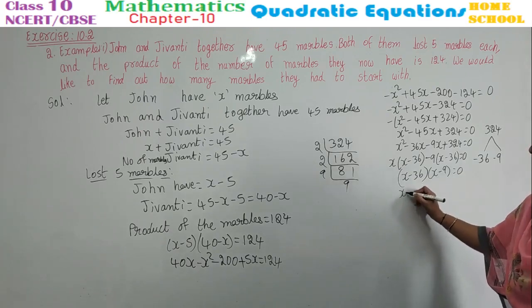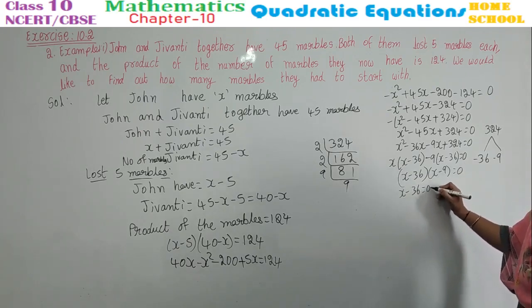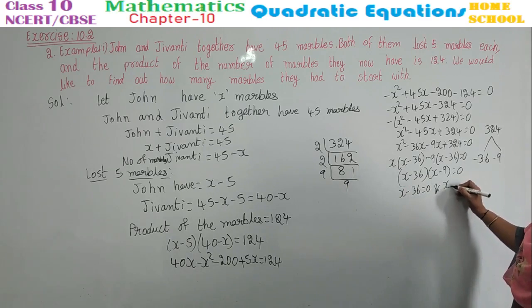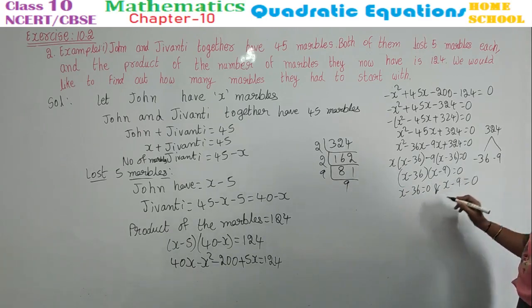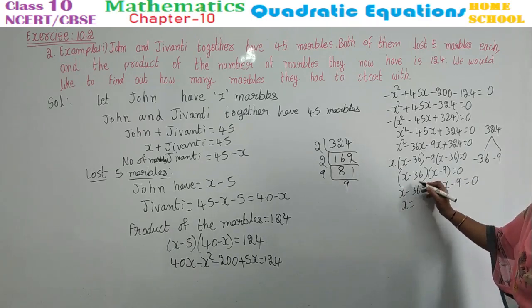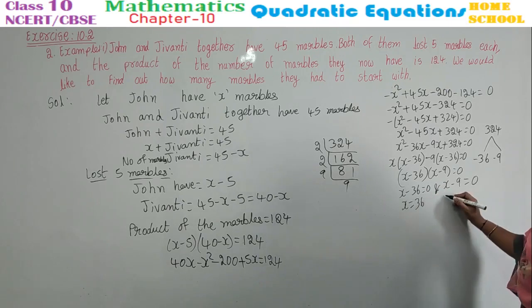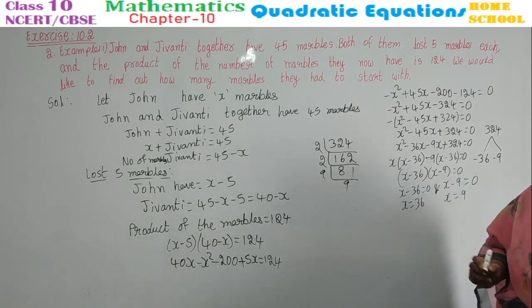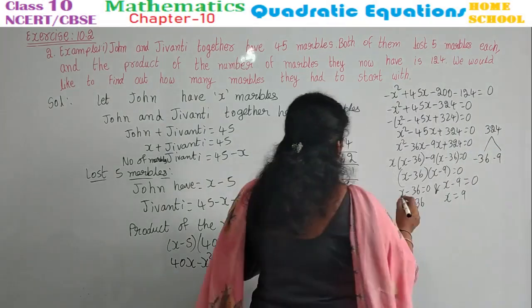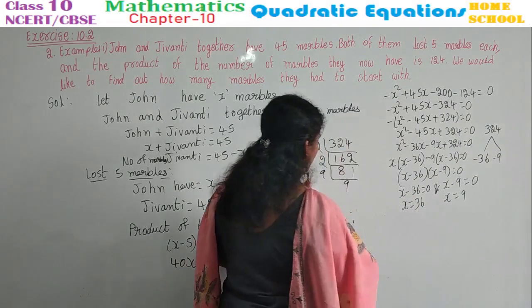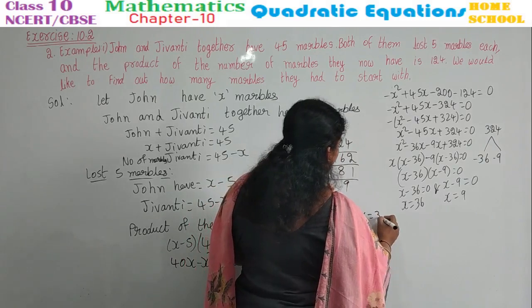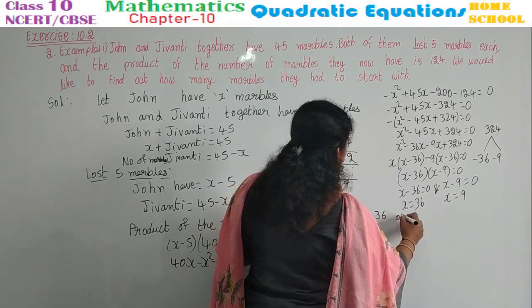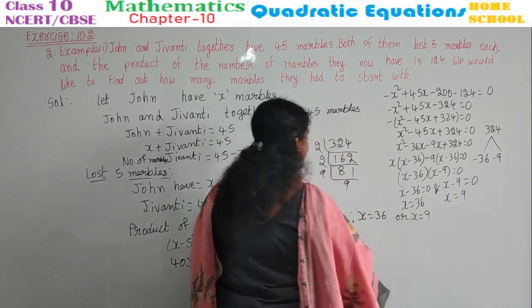Then equate 0. x minus 9 equal to 0. Minus 36 if it comes this side, plus 36, and minus 9 if it comes this side, 9. Therefore, finally what you can say? Therefore, you have x is equal to 36 or x is equal to 9 you got.